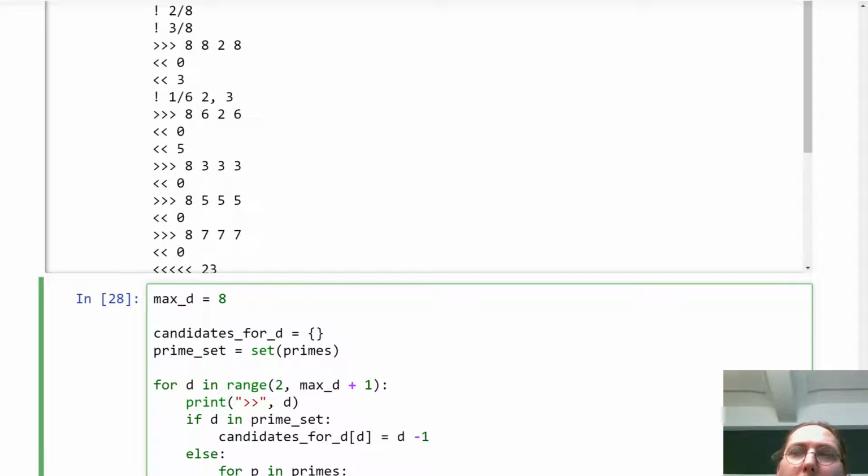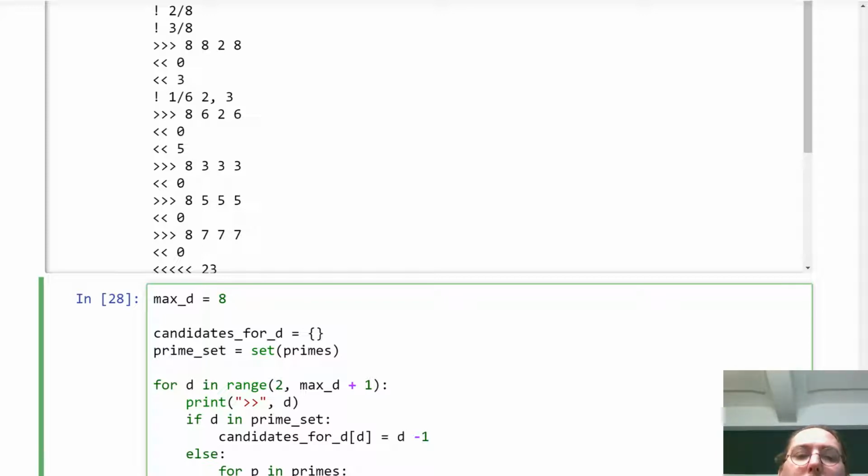Yeah, this is the same P in primes. Once you find it, should I do while, or what's the idea here? If the D mod P is not 0, that is the end of this if, it needs to take the next prime, but there is a break in the end.